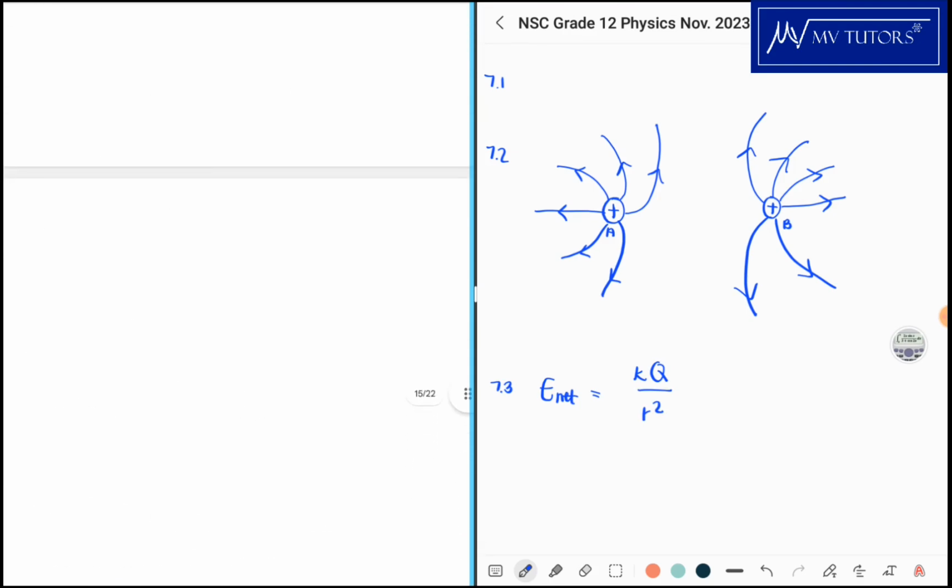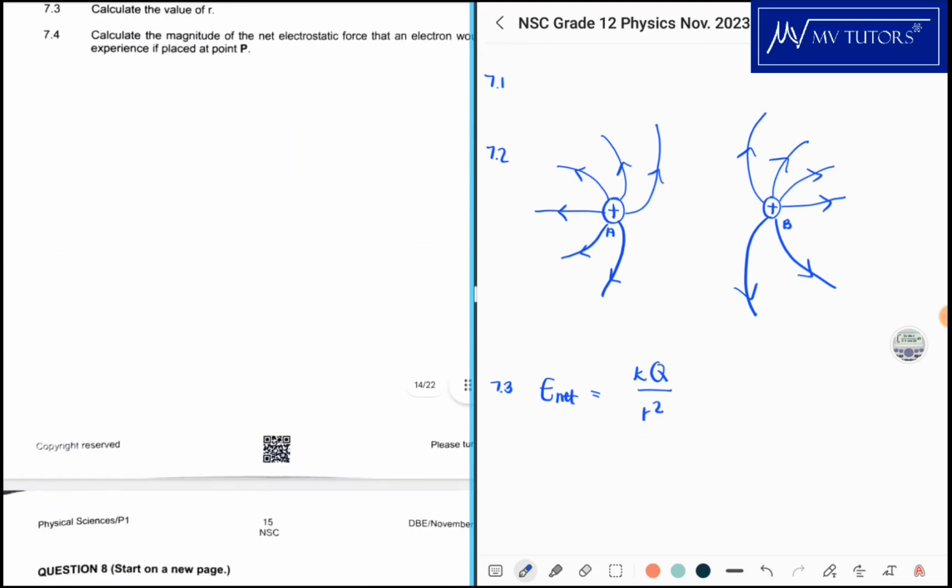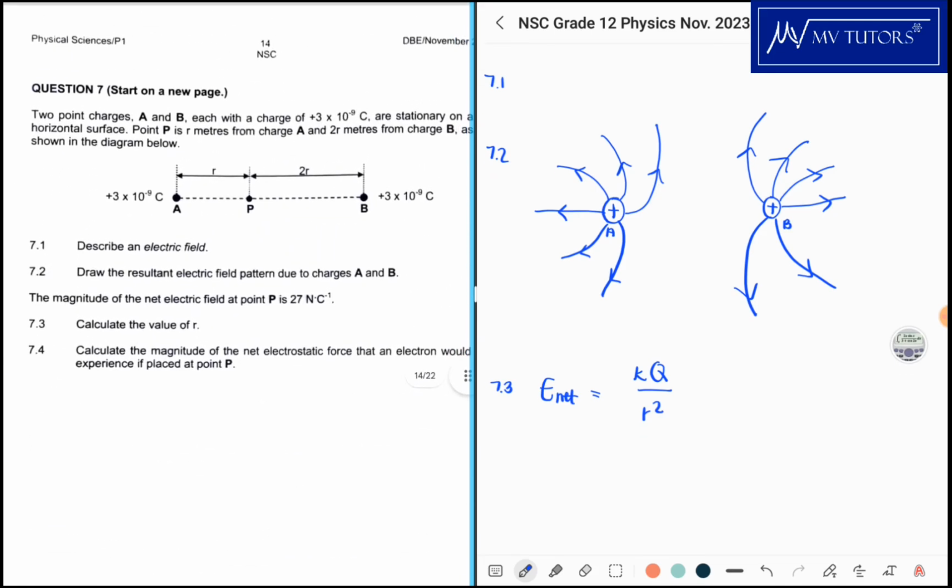Let's go back to question 7, the net electric field. They told us the net electric field is 27.